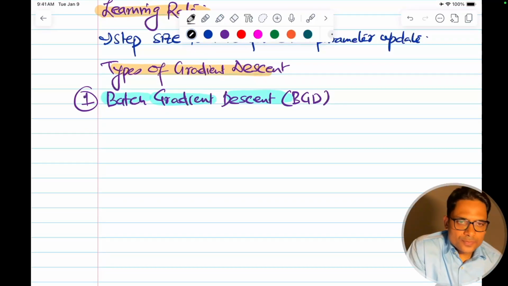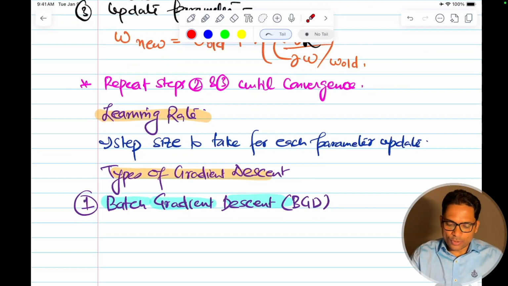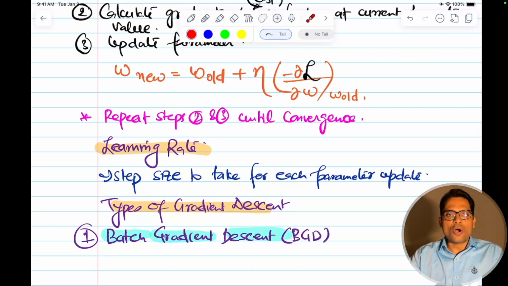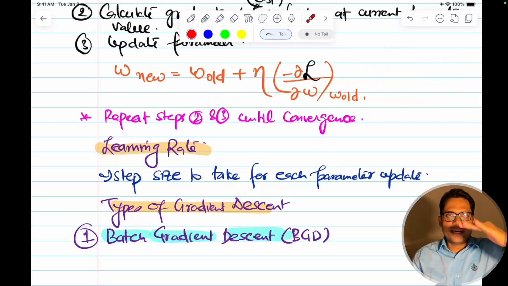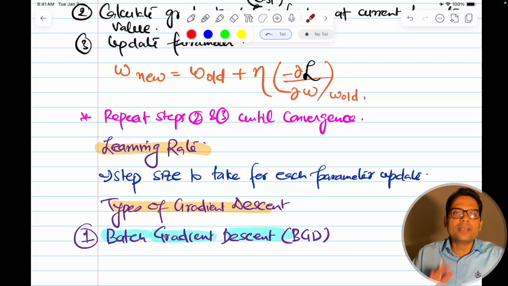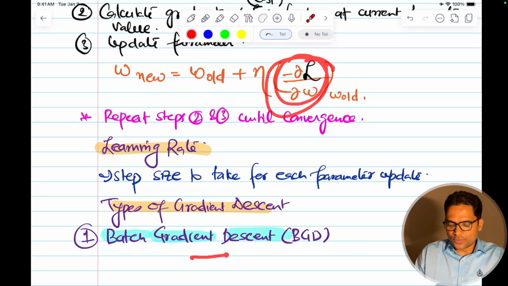The only difference in all these 3 algorithms is this: I will have n data points in my data set. There'll be a big data set with n data points, right? So how many of the data points am I using for calculating this gradient? That's the only difference.